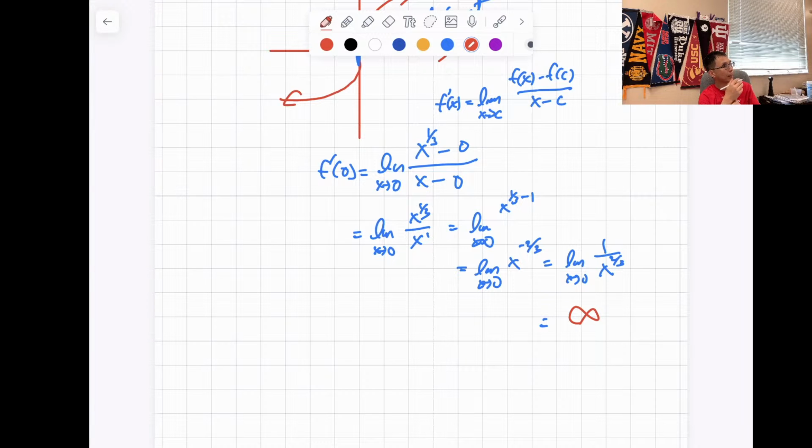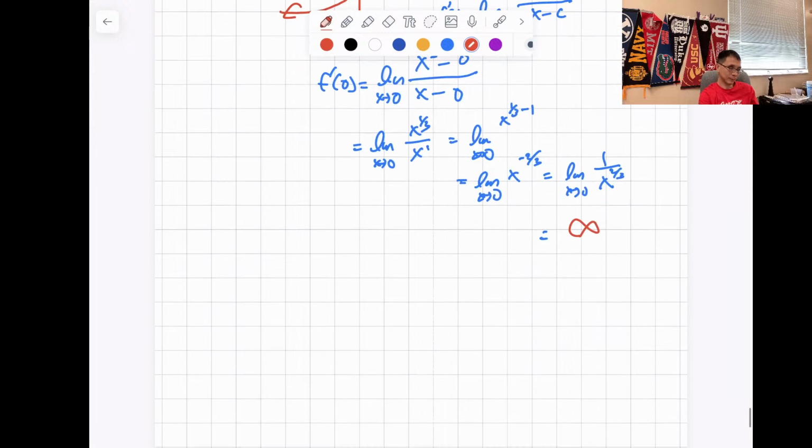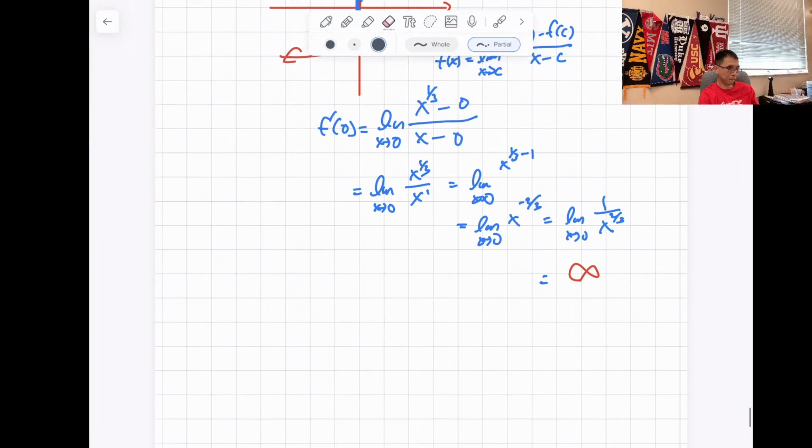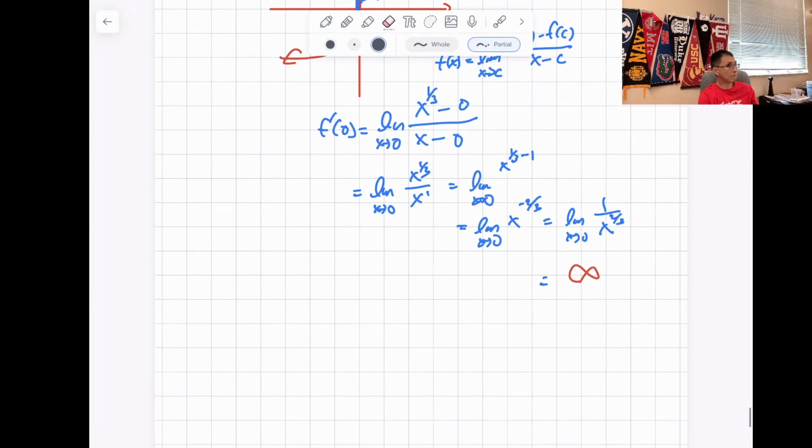Yes, Alvin? I'm still having a hard time visualizing how it's infinity. I get that it's going straight up, but how do you know it's going straight up? It's 1 over a small value. If you plug in 0.9, then 1.1 over 0.00001, the value is going to be so big.